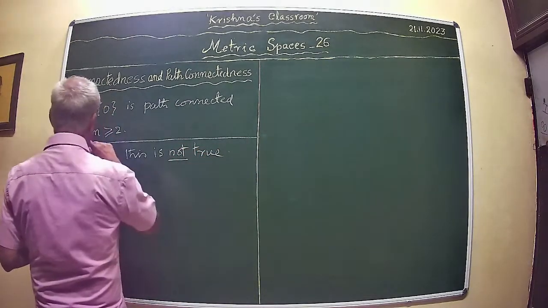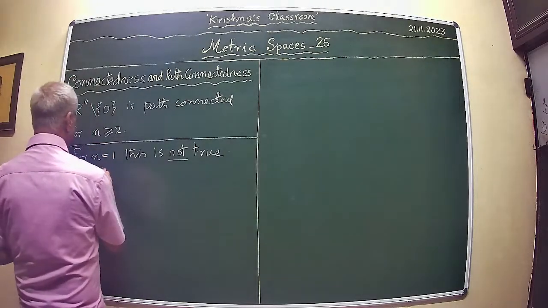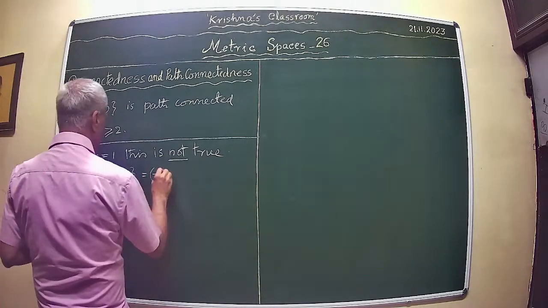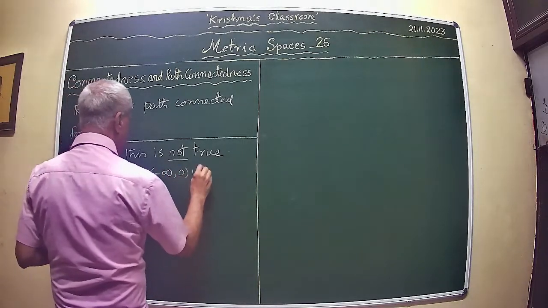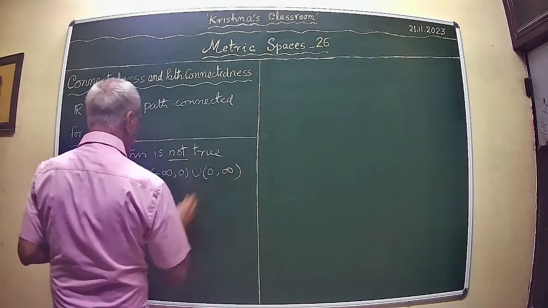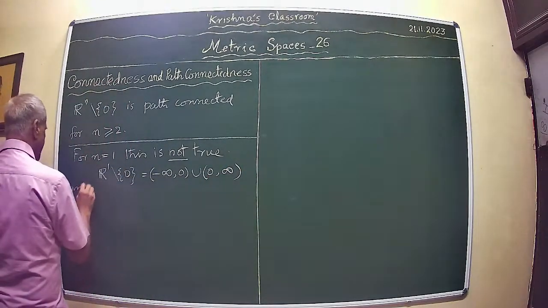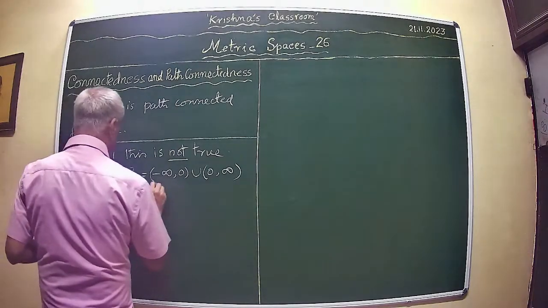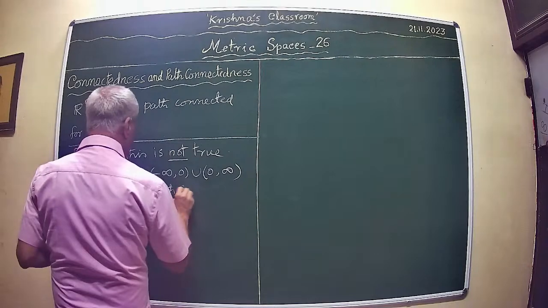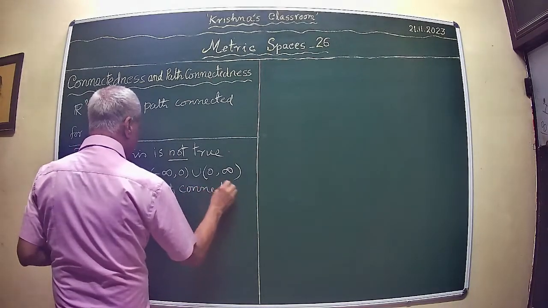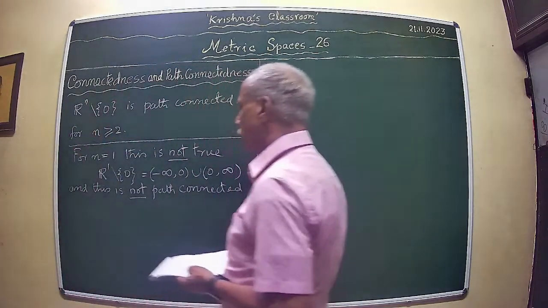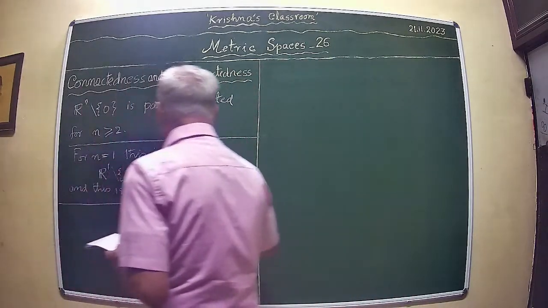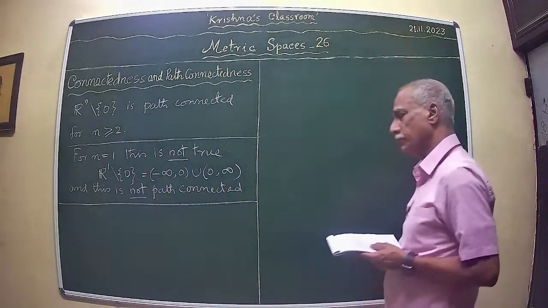For instance, R1 \ {0} is not path connected. So for higher values of n, namely n greater than or equal to 2, we are hoping that the result is true. In fact, it is true.